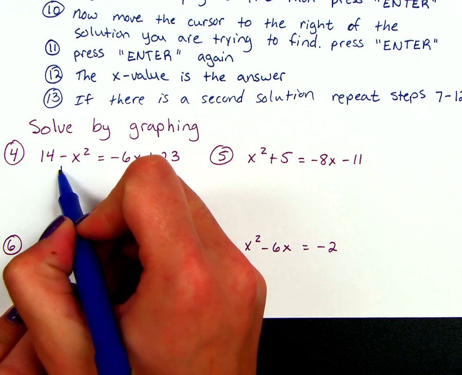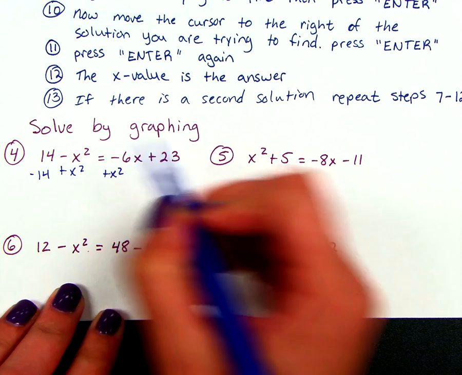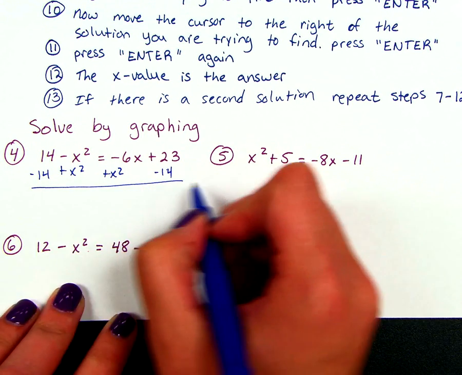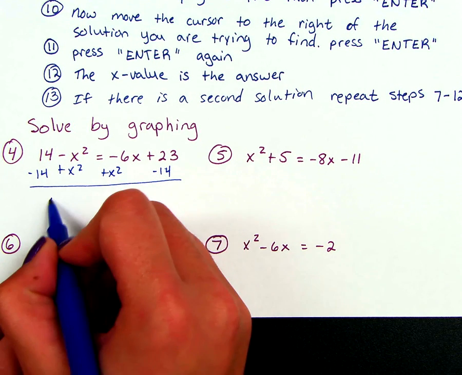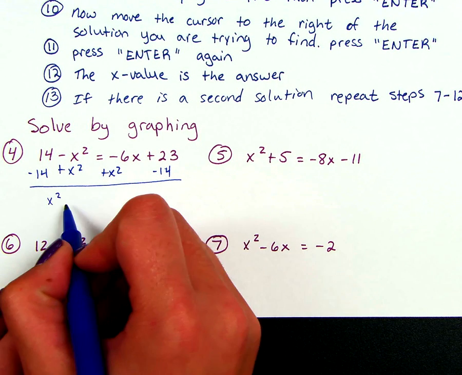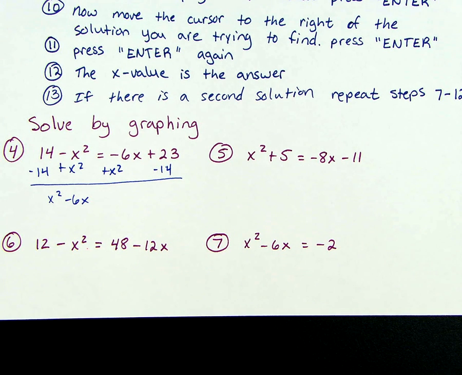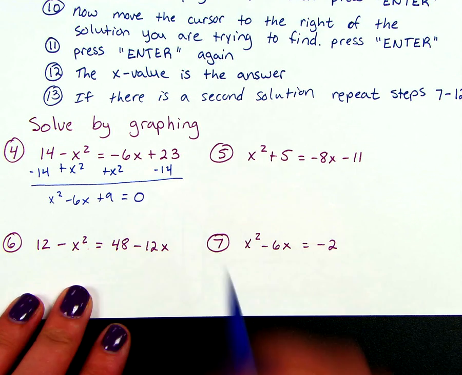So I'm going to add the x squared term and then subtract the 14 at the same time. Okay, and then I'm just going to flip the equation so that my 0 is on the right. So we would have x squared minus 6x, and then we have to combine the 23 minus 14, so that's going to give us a positive 9, and then equals 0.